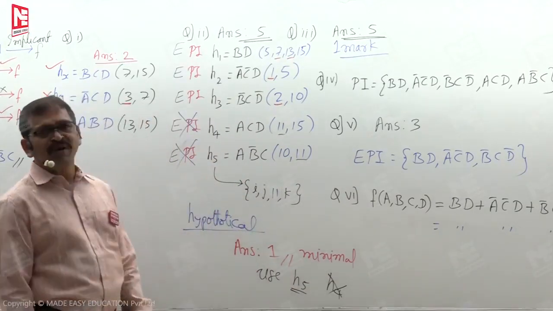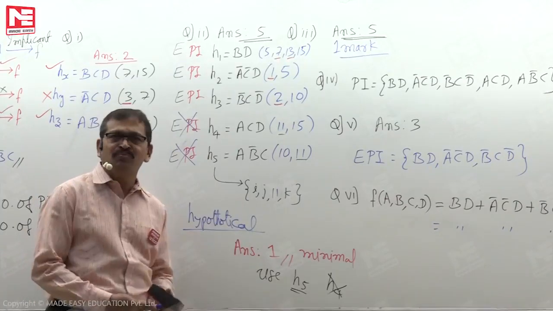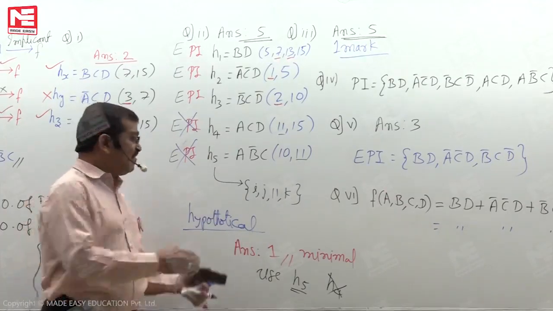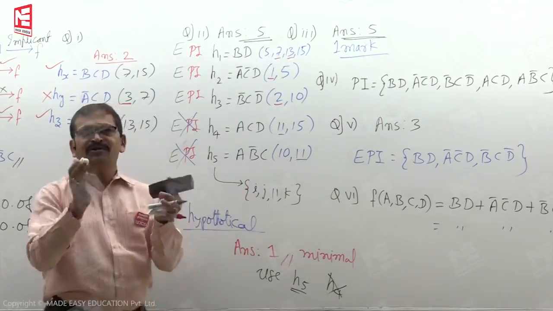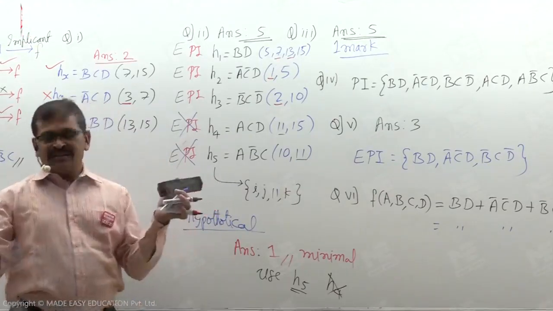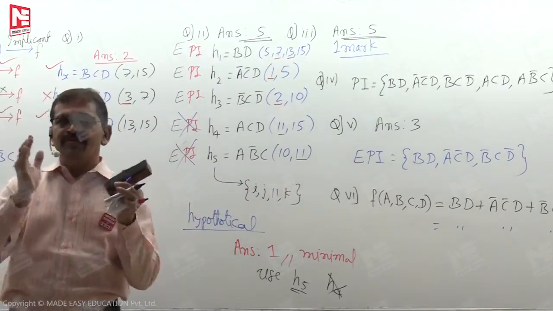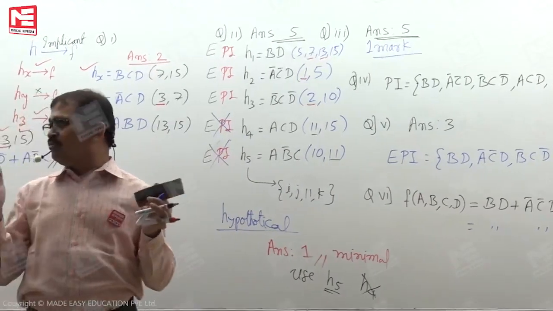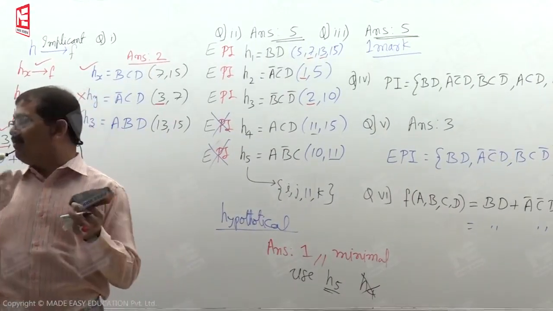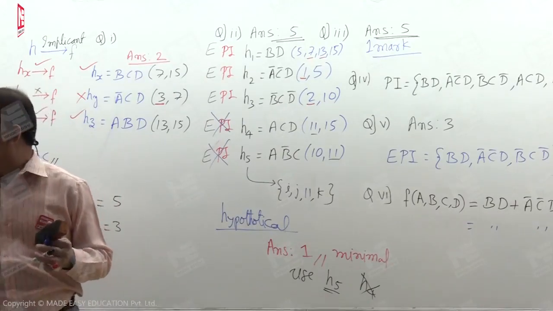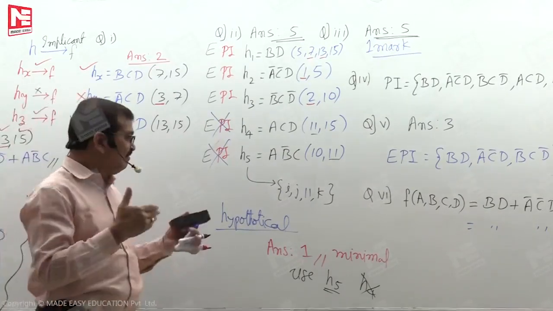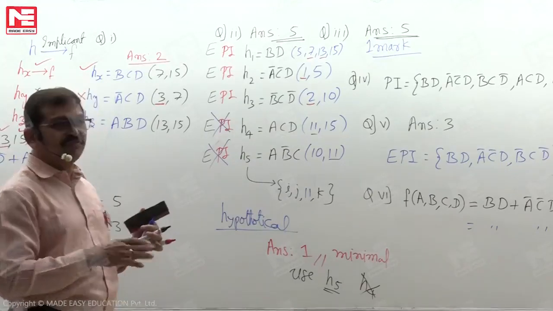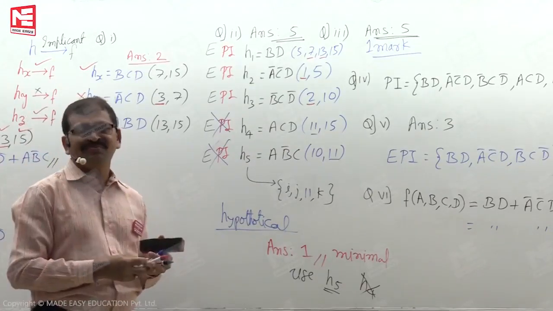H5 is a group of 4 cells, whereas H4 is a group of 2 cells. Once the group is 4 cells, the product has fewer literals. As and when the subcube is larger, the product will have a lesser number of literals. Hence, we must use only H5, not H4.